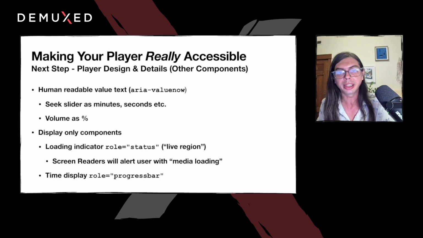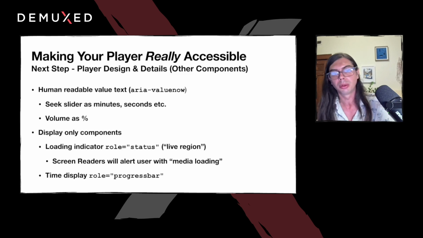The reason I did that is because users might not know, especially non-sighted users, the reason why their video has stopped making sound. Many players fail to indicate to that user that a player is loading in the background. And then finally, as a possible implementation, we've implemented the time display as a progress bar. So it's, again, not an interactive control component, but the user could tab to it and find out where they are in the playback of the video.